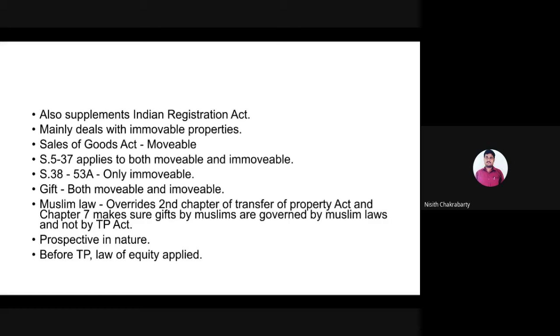But the Sale of Goods Act is the one dealing with movable properties per se only. Sections 38 to 53A cover only immovable property, and the gift chapter of the Transfer of Property Act deals with both movable and immovable property.